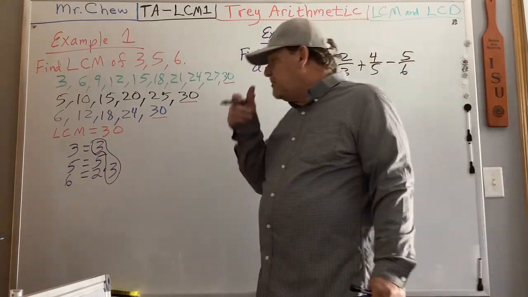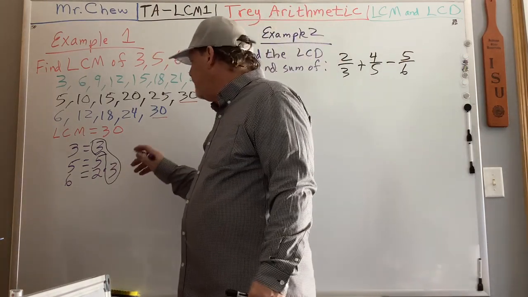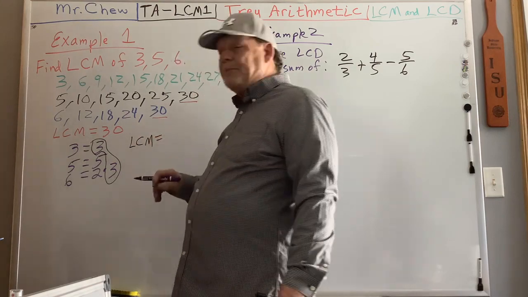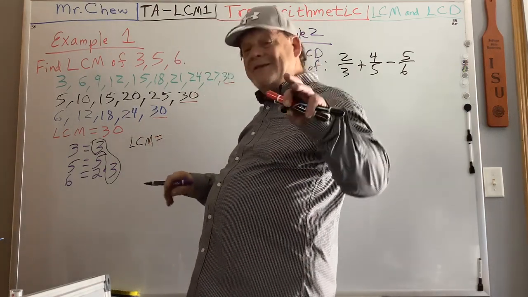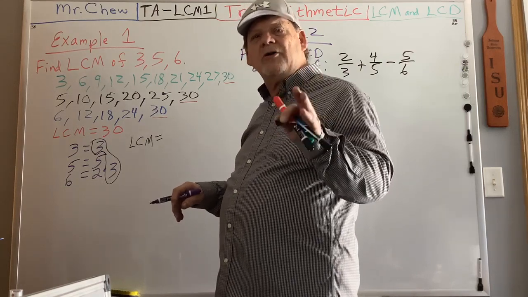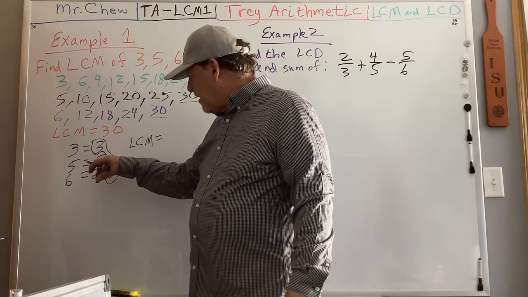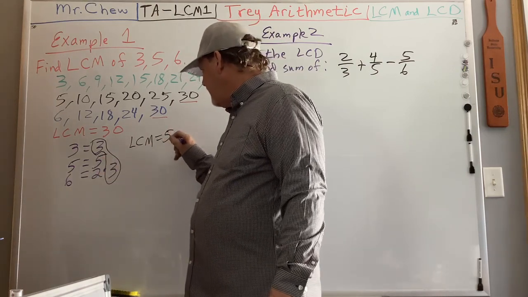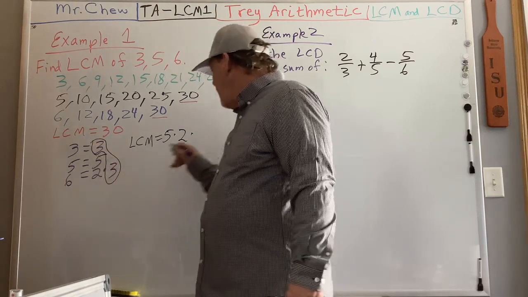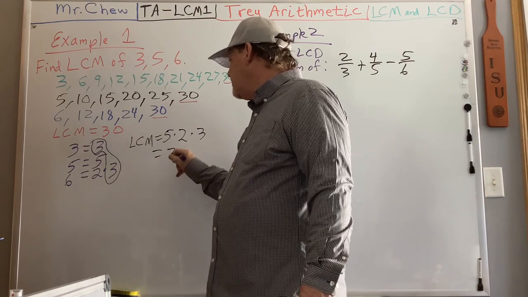Then you find the least common multiple by multiplying everything, but if it's common, I only use that factor 1 time. So the 5 wasn't common, the 2 wasn't common, and then the 3 was circled. And then 5 times 2 is 10, times 3 is 30.